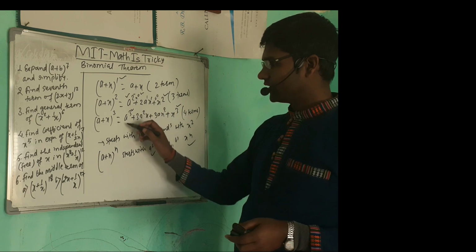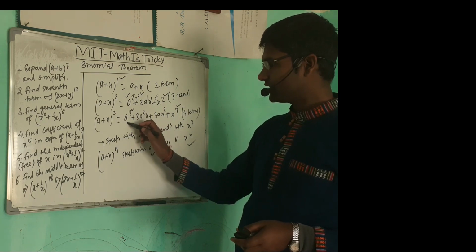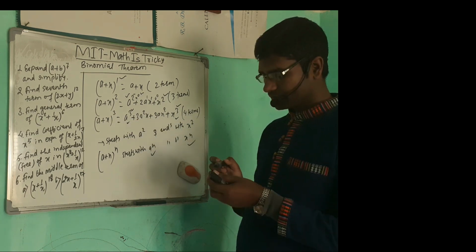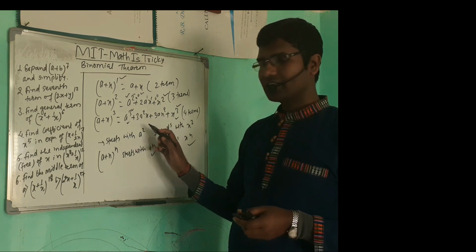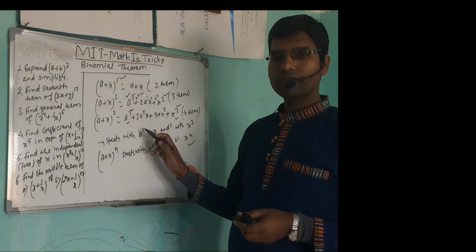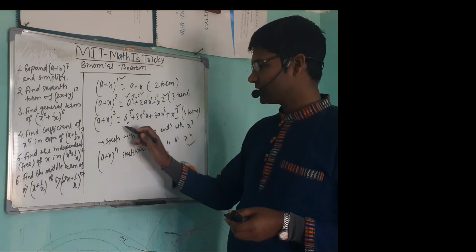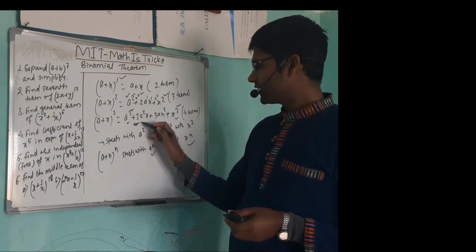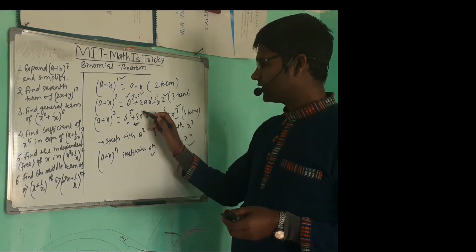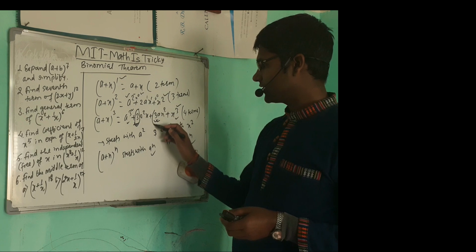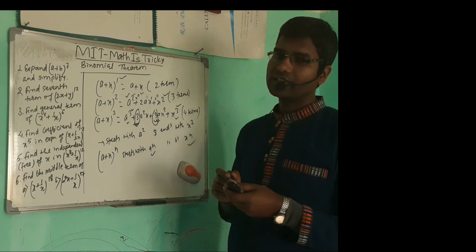There is one more point: the coefficients of terms equidistant from the first and last will be the same. This is the second term, and from the last also the second term, so the numerical coefficient will always be the same.